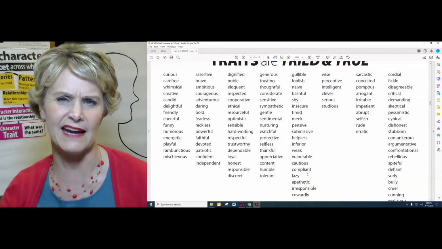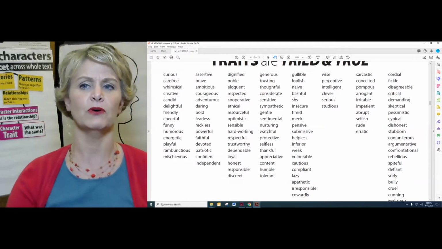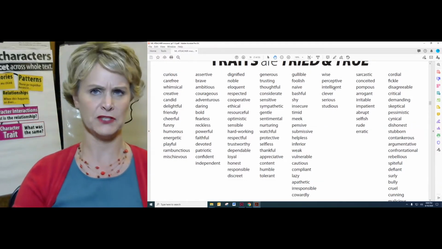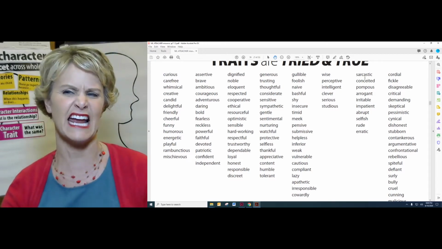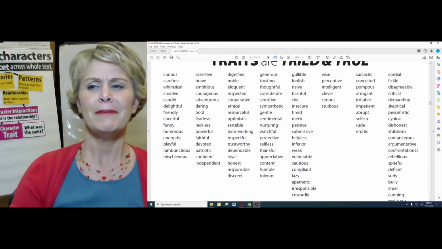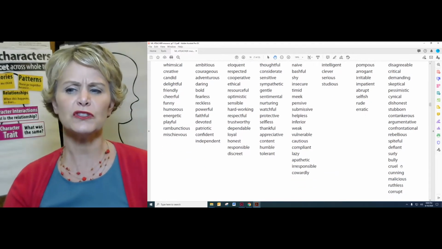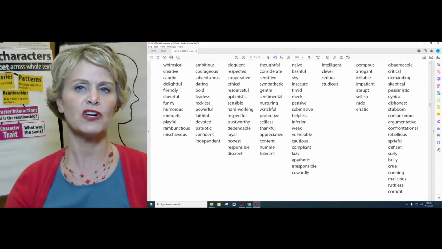He doesn't care. He's indifferent. That's apathetic. Irresponsible, wise, perceptive, studious, sarcastic, arrogant, rude, disagreeable, pessimistic, stubborn, spiteful, surly, malicious, corrupt.